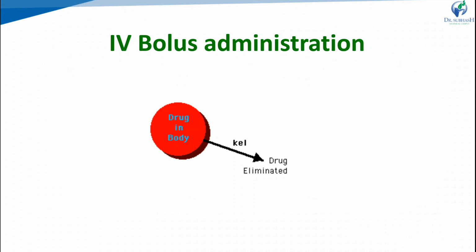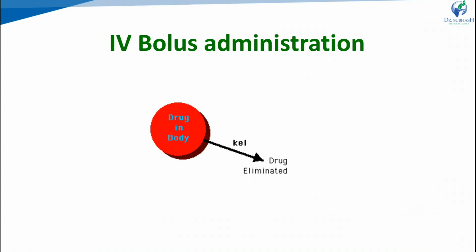For drugs given by IV administration, there is no absorption process, so they go directly for distribution into the body. When the drug is distributed rapidly after a rapid IV injection, complete distribution throughout the circulation takes place within 1 to 3 minutes, and at that time the rate of absorption is negligible.